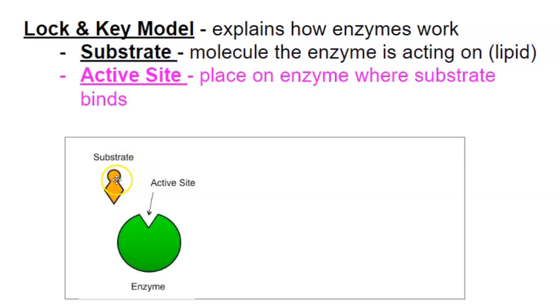It's going to bind to the enzyme, but only to the special spot on the enzyme called the active site. So it's going to bind in there, and it's like a puzzle piece or like a key fitting into a lock. It has to be the right shape, has to be the right size. So I need you to write down this definition, active site, and then you're going to draw a circle with a little notch cut out, and you're going to label this active site and enzyme.